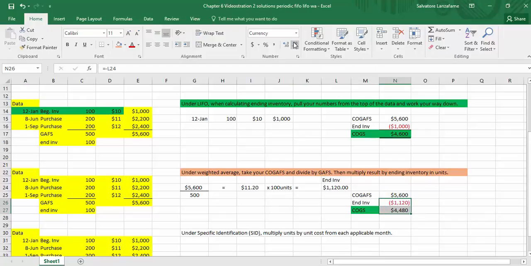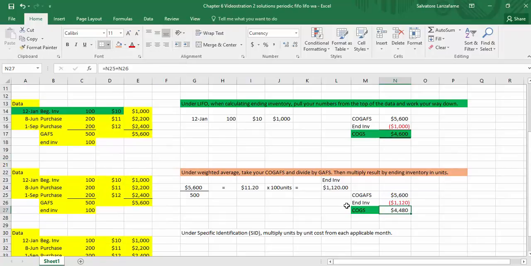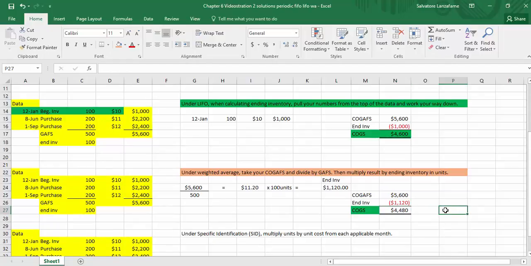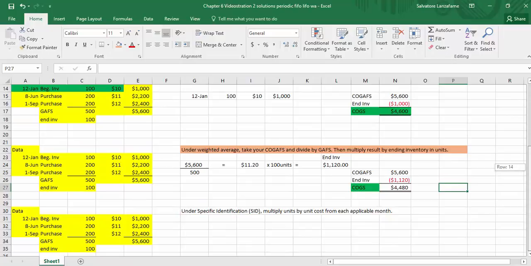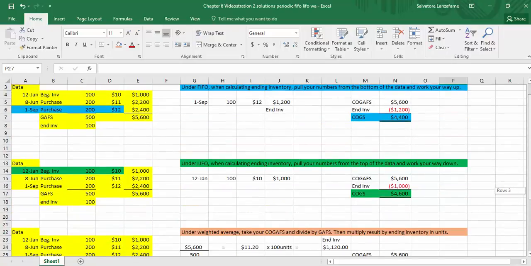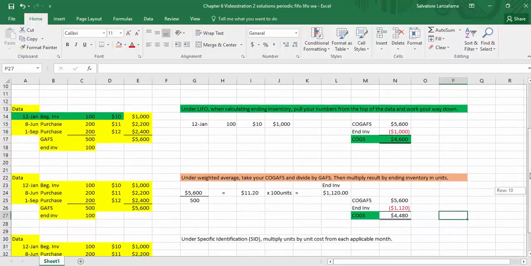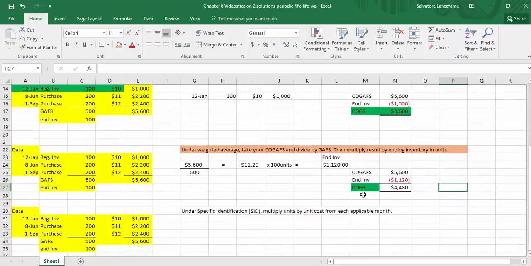Okay, so again, this result is somewhere in between your FIFO answer and your LIFO answer. Remember, under FIFO we got 4,400. Under LIFO, we got 4,600. And this one's almost 4,500.